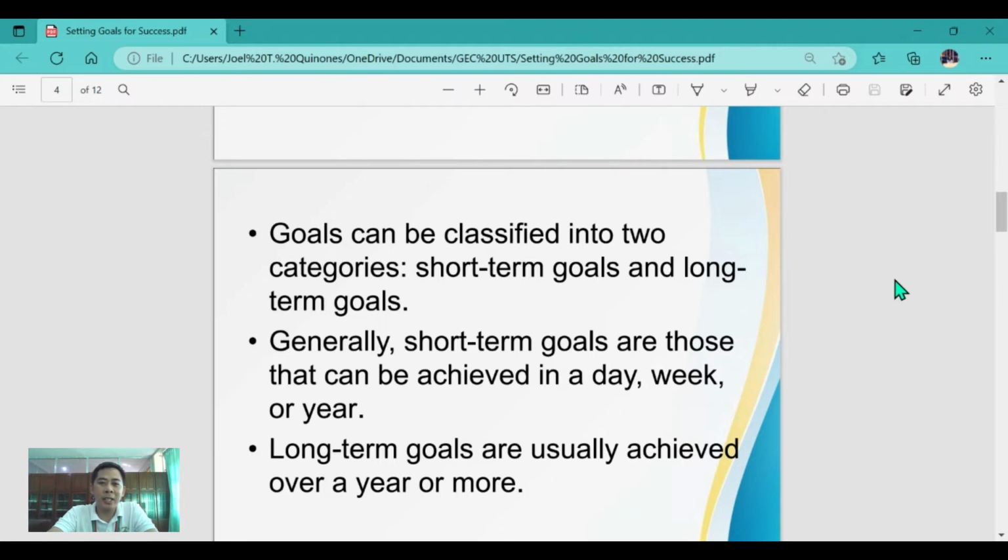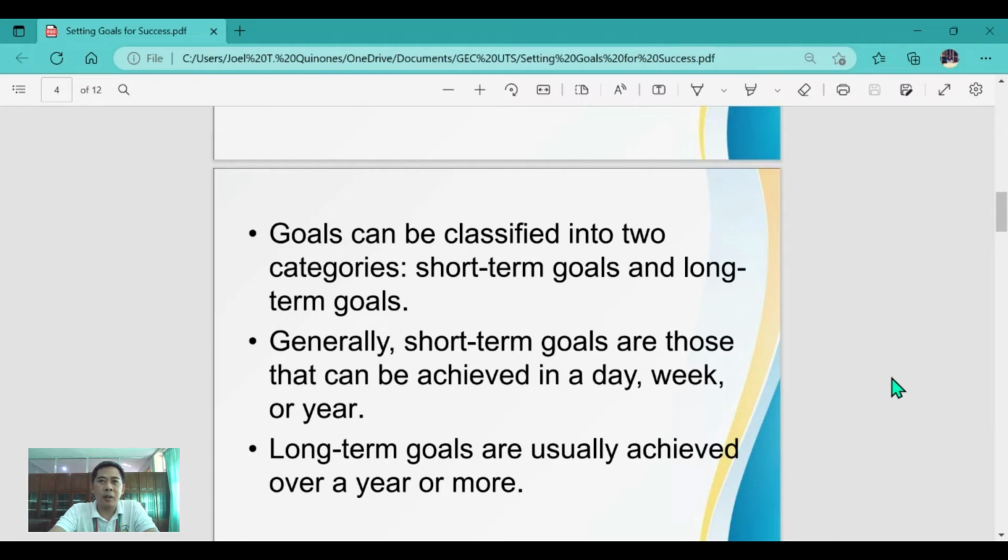One is short-term and long-term goals. Generally, short-term goals are achieved in a day or a week or year or months. When we say short-term goals, basically, panandalian lang yan, kayang-kayang tapusin in a very short span of time. Let's say, for example, having a good body figure, so that is good for 6 months or 3 months, pwedeng gawin yun.